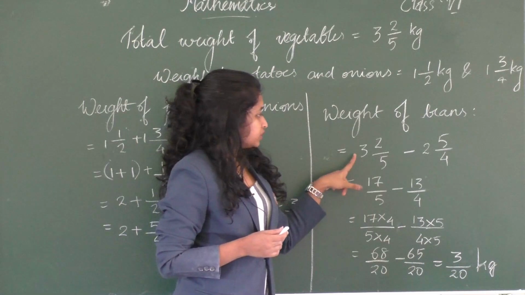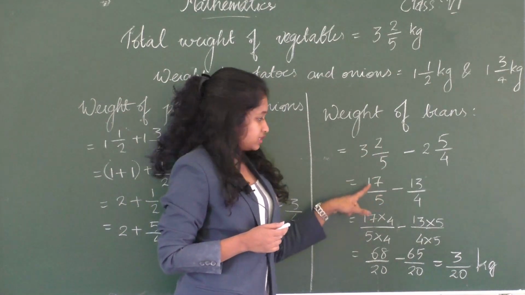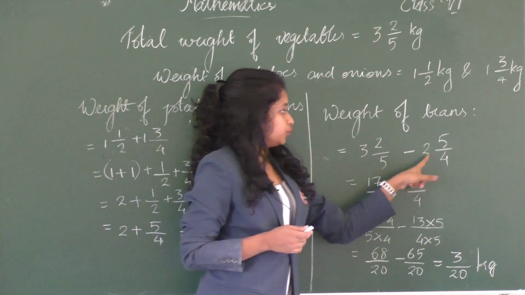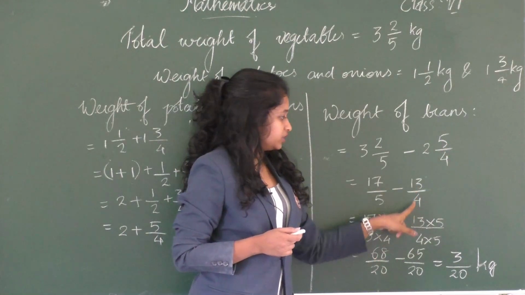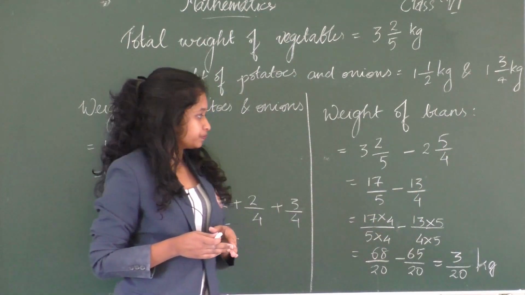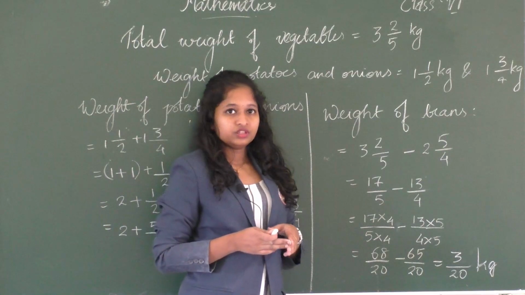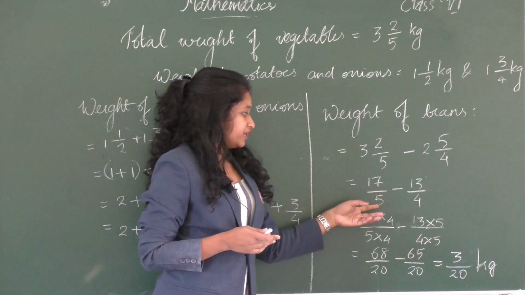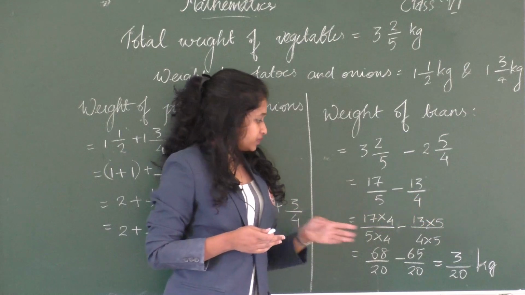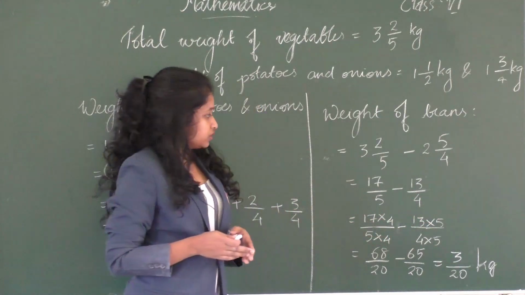So we get 3 2 by 5 as 17 by 5 and 2 5 by 4 as 13 by 4. And then we have to find the LCM of 5 and 4, it is 20.